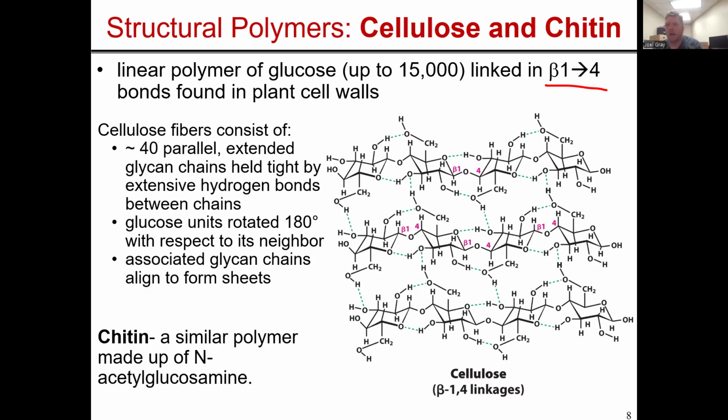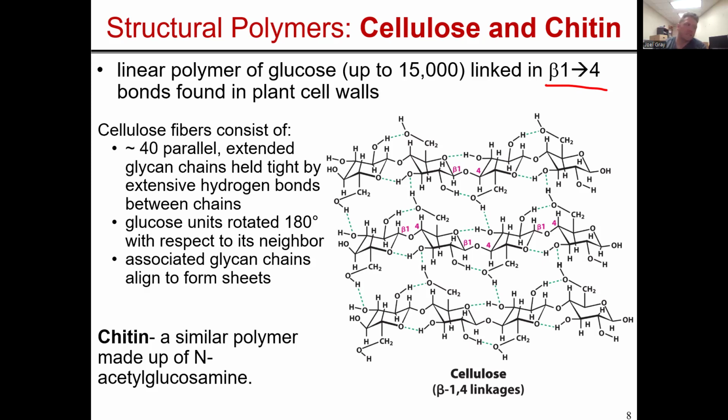If an enzyme says, well, I cut alpha 1,4 linkages and you provide it with a beta structure or a beta sugar, well, that enzyme is going to say, oh, I said that I cut alpha 1,4 bonds. I don't cut beta 1,4 bonds.